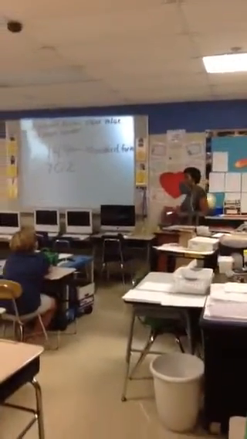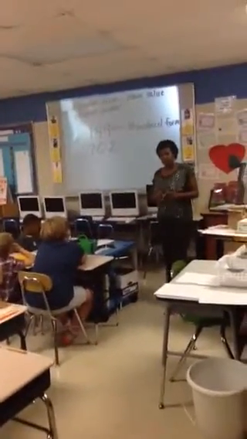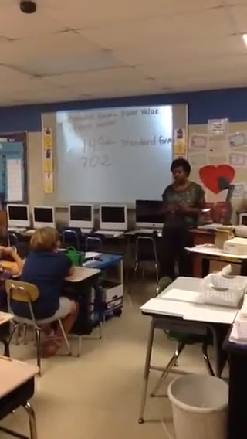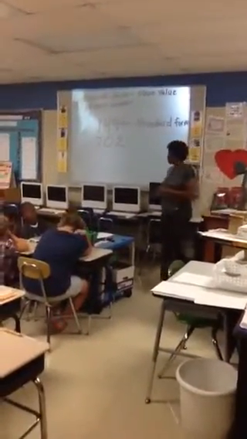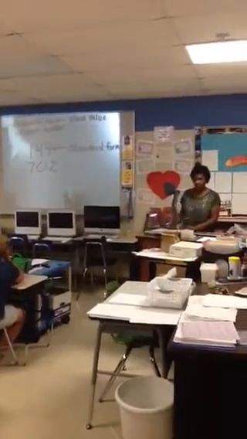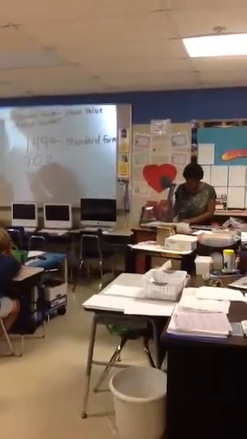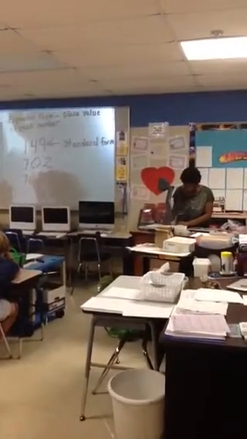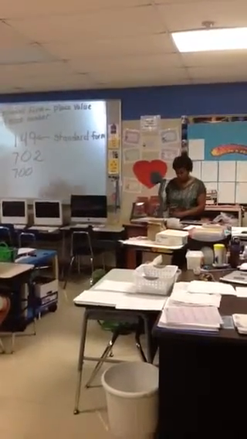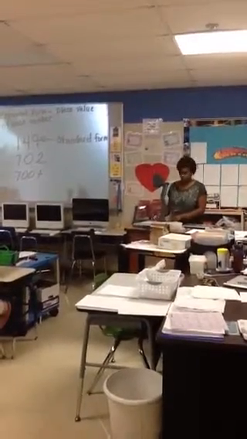What's different about that number? It's got a 0 in it. So, how do we write that in expanded form? 700 plus 20.